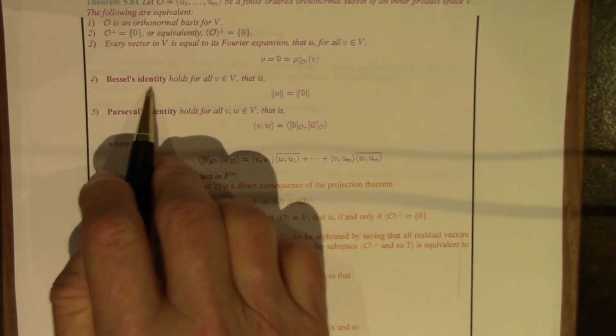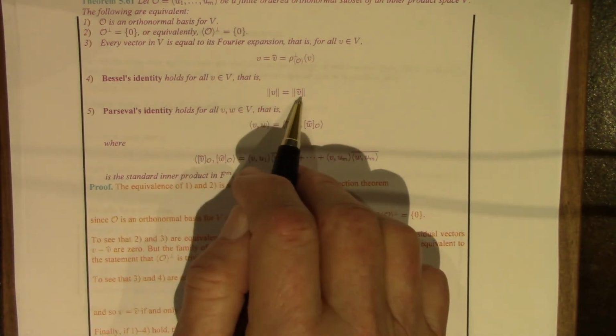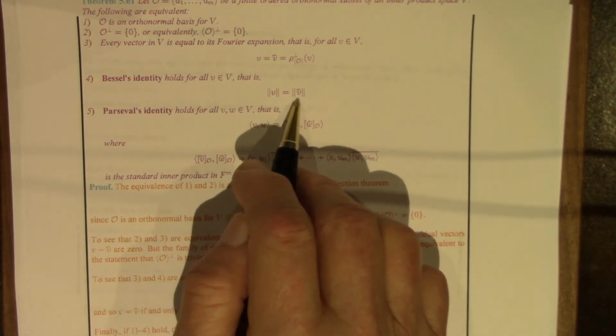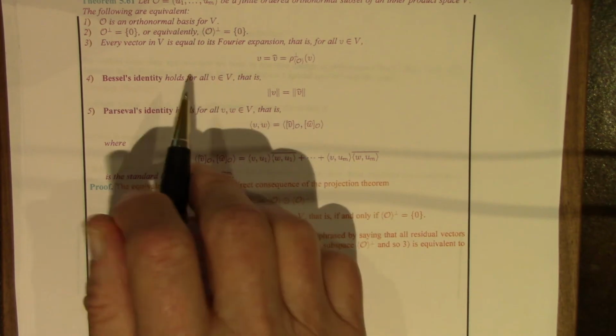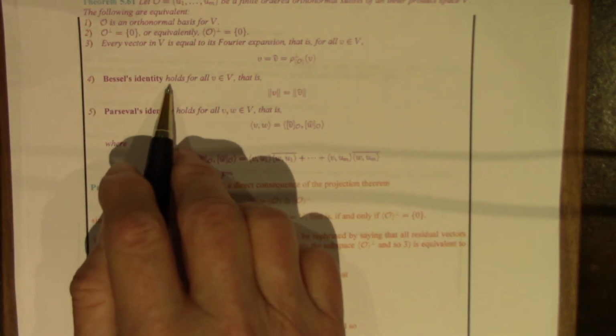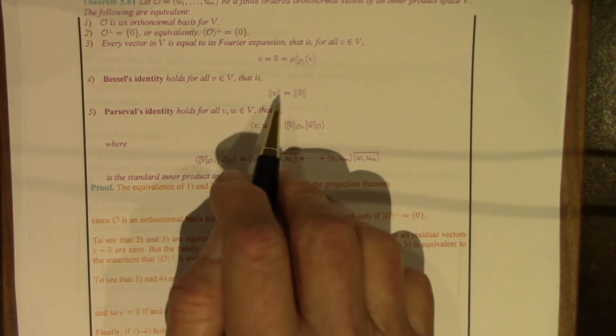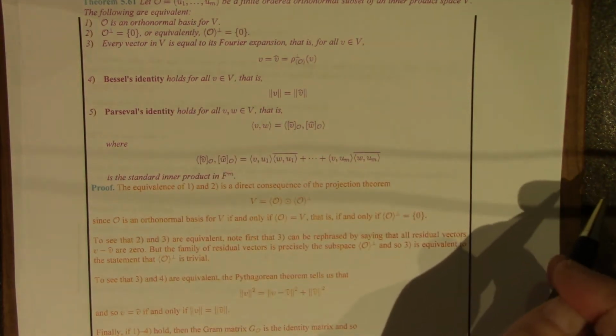We already know that Bessel's inequality always holds. The norm of V hat, the projection, is always less than or equal to the norm of V, but O is an orthonormal basis if and only if the norm of V hat is the norm of V for all vectors.